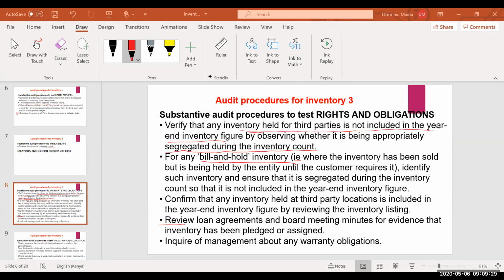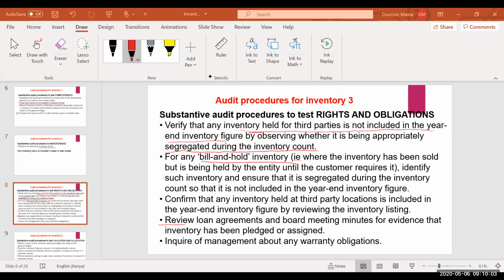Or you can review the board meetings to assess whether the management has actually used that inventory as a floating charge. So review the loan agreement and the board meeting minutes for evidence that the inventory has been or is being used as a floating charge. I hope that's all clear.